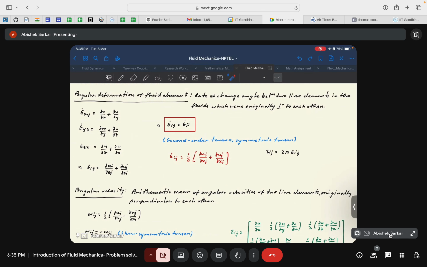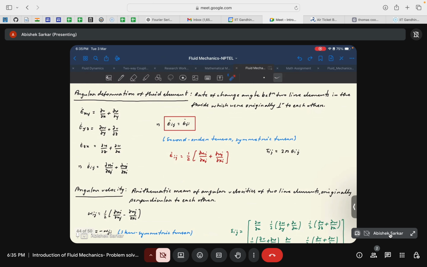But as I mentioned in the last class, the flow might also undergo angular deformation because of the shear forces, and that is quantified using the shear strain components.